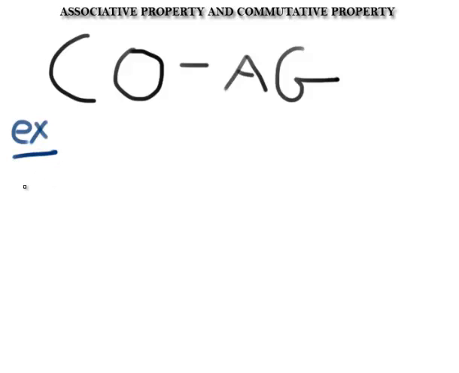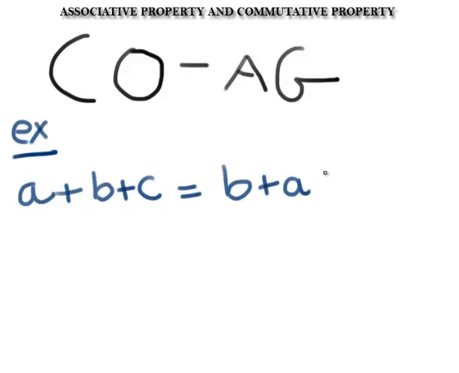Let's say we have A plus B plus C, and that's equal to B plus A plus C. So we switch the order of the letters, alright, from the left hand side to the right hand side.